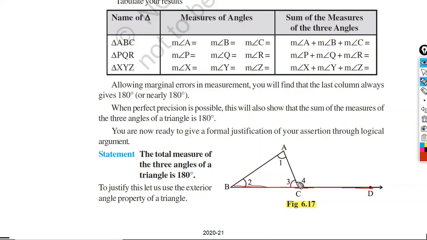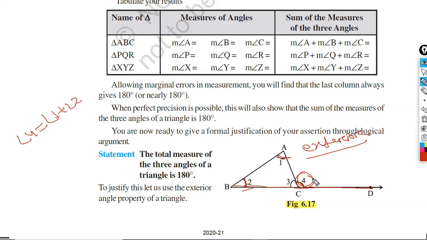Now you have angle 4 here. You know that angle 4 is what type of angle? It is an exterior angle. So you know that the exterior angle is equal to the sum of the interior opposite angles, so angle 4 is equal to angle 1 plus angle 2, as angle 1 and angle 2 are the interior opposite angles.